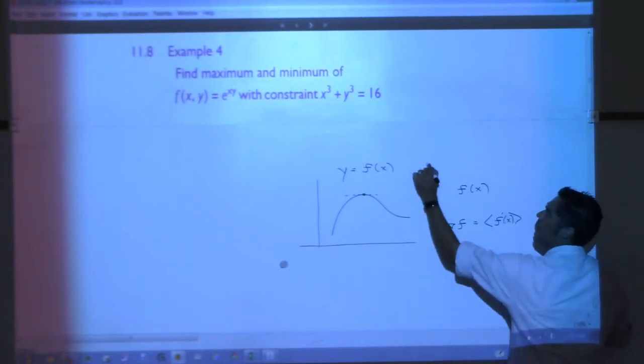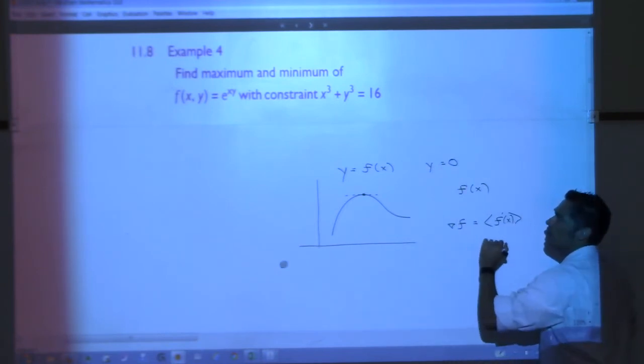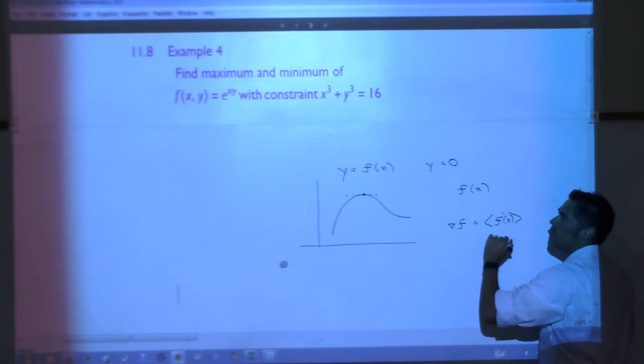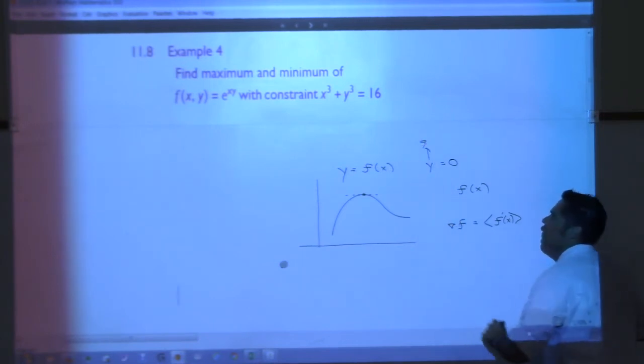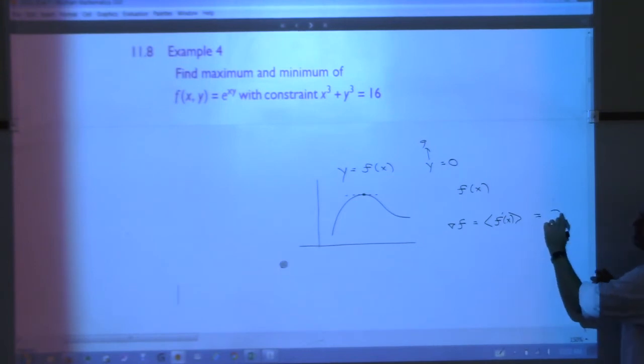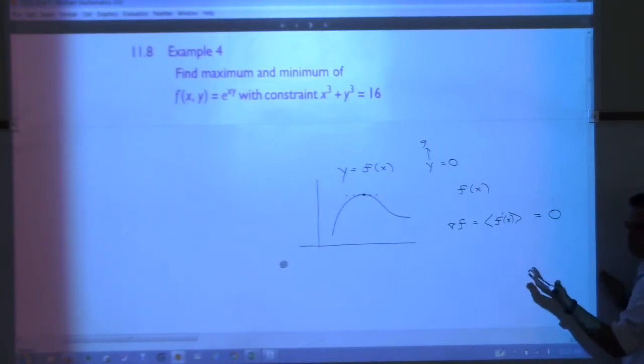So my constraint equation would be y equals 0. And what's the gradient of that? If I call this my g function, the gradient is 0, so you're basically setting the derivative equal to 0. Which is what we do, right? Okay, all right, sorry.